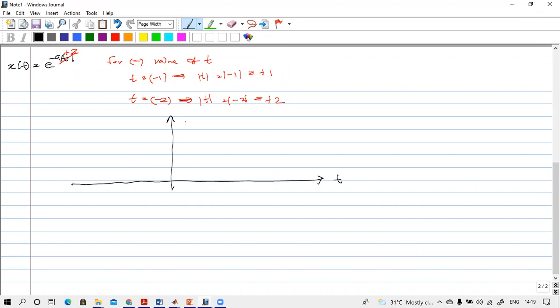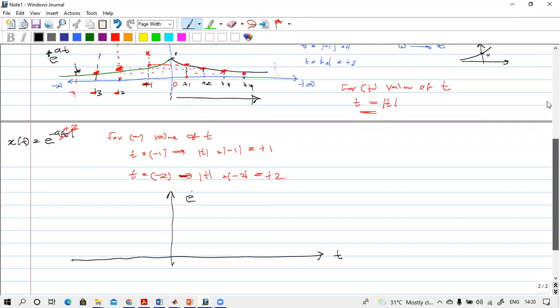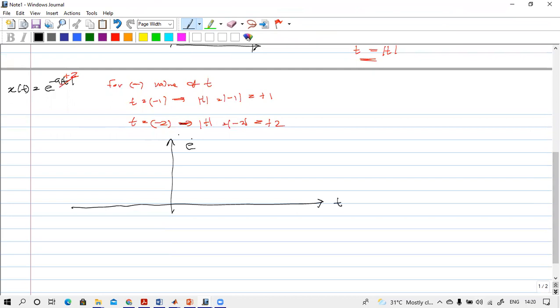This is t. This is e to the power minus absolute value of t, not t. So if it is 1 and this is 0, you will get this one like this, and again you will get like this.